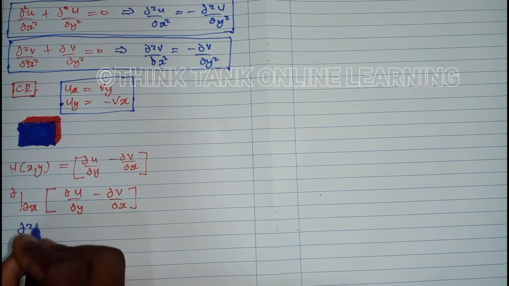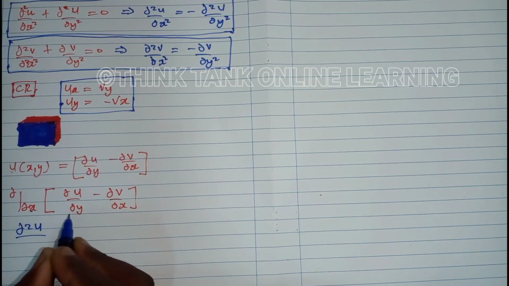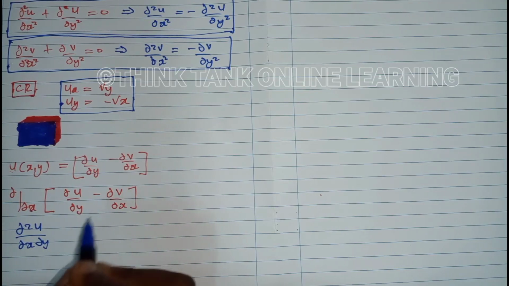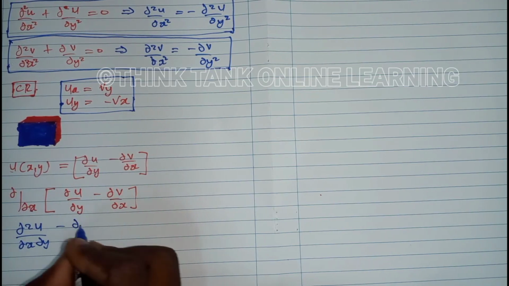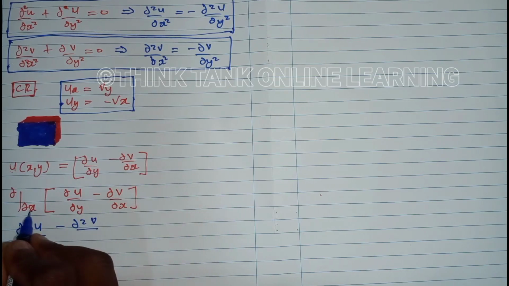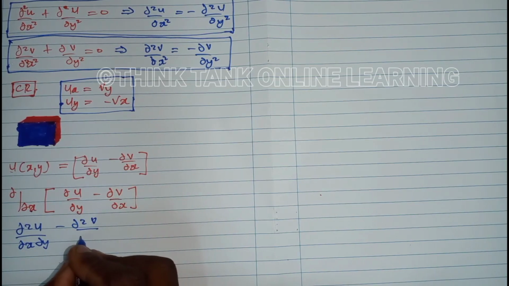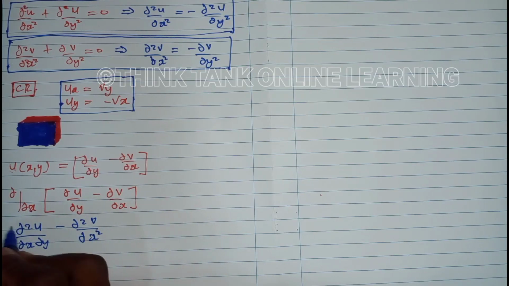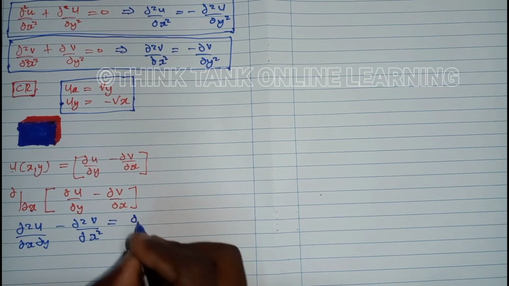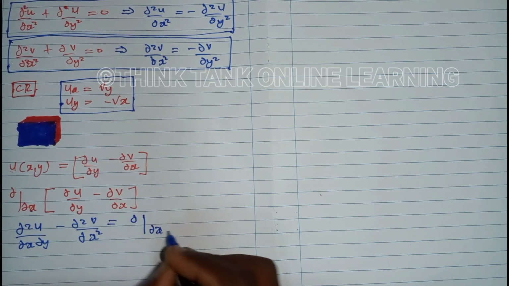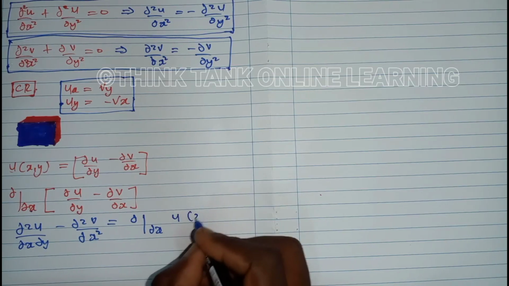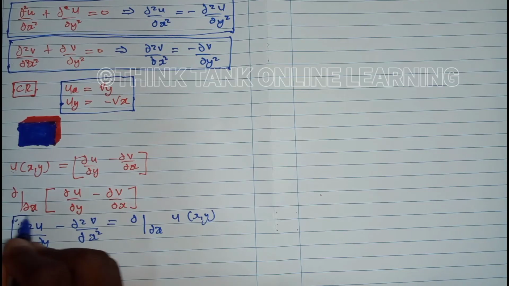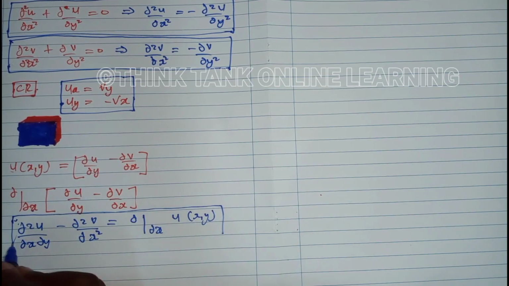I'm going to have partial squared v over partial x squared. So this is the answer for the partial derivative with respect to x of u(x, y). I'm going to need this, so let me put it in a box.